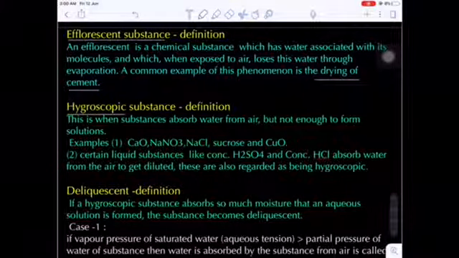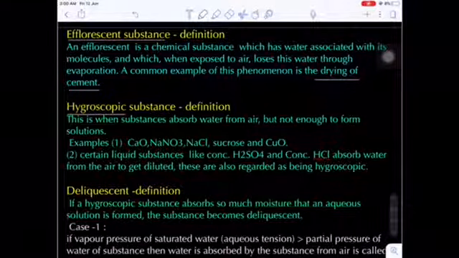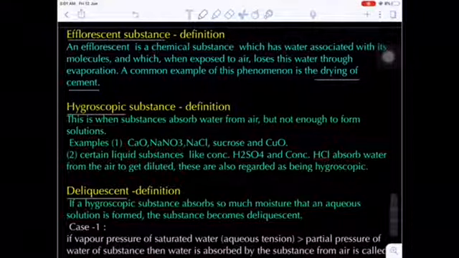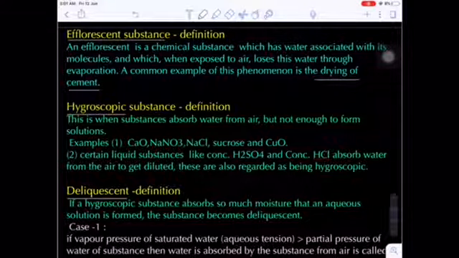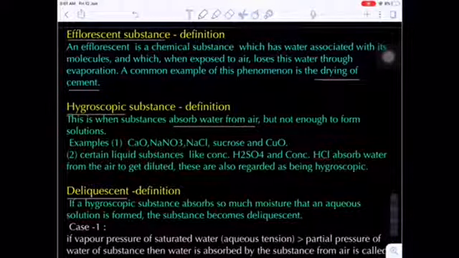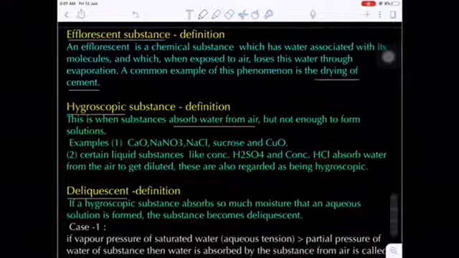Now the next definition is hygroscopic, or sometimes we can say deliquescent. Hygroscopic substances are those substances which absorb water from the atmospheric air.